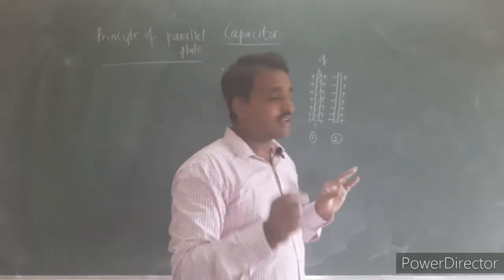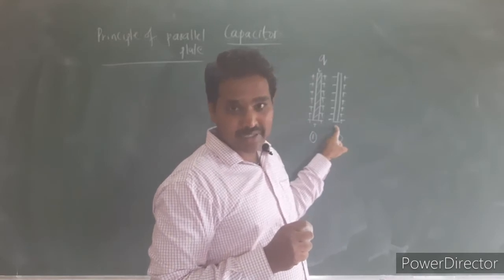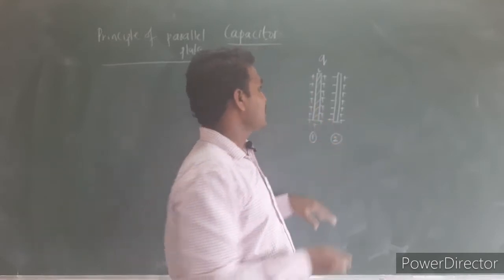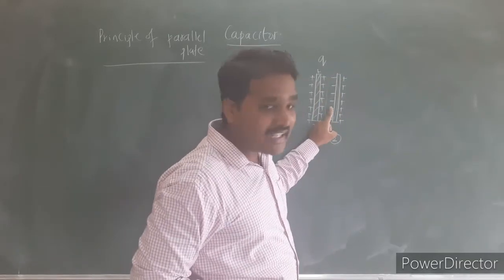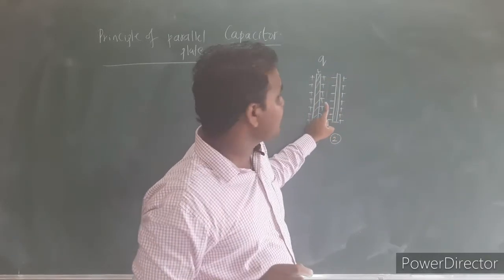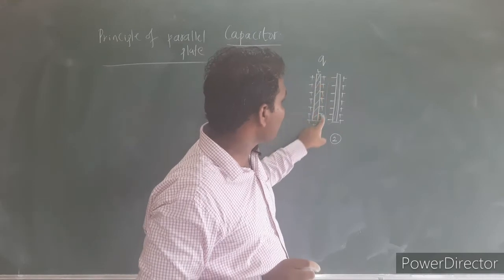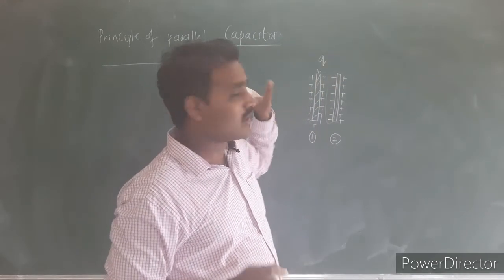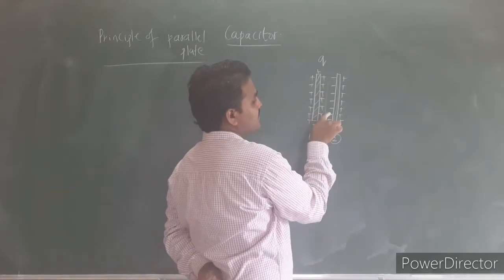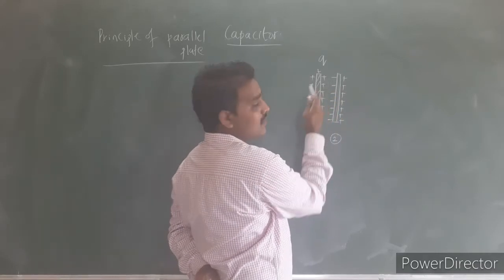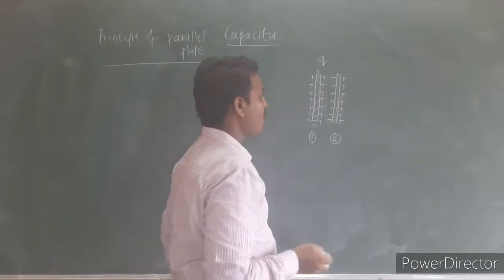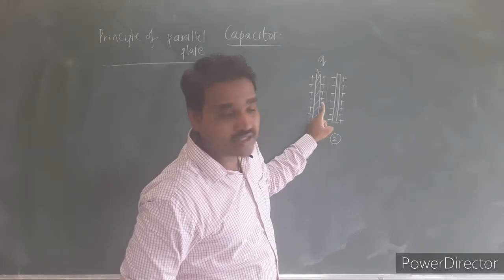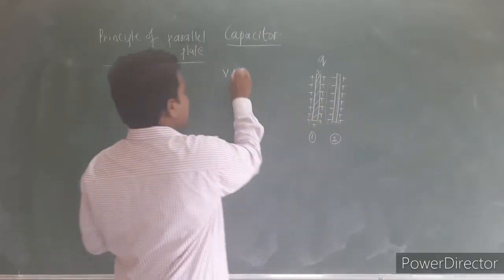Now what happens when we have the second plate placed close to this? So here there are some negative charges. These negative charges nullify the effect of an equal number of positive charges here. These negative charges induced, which are close to this metal plate, will nullify the effect of positive charges, or they will try to reduce the potential here.